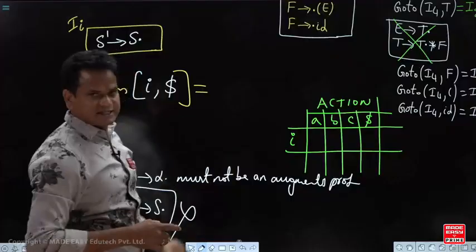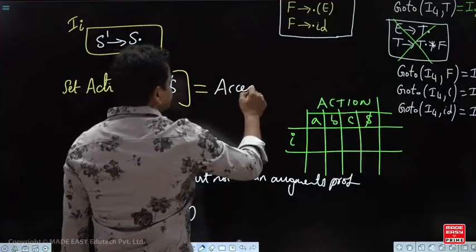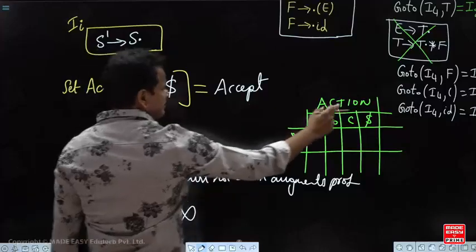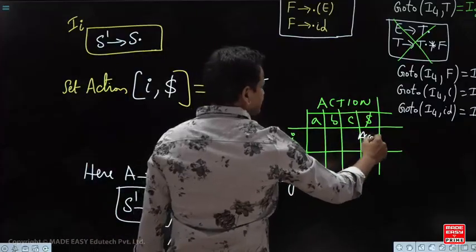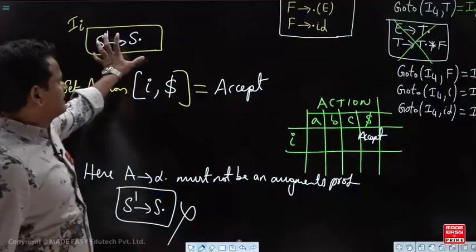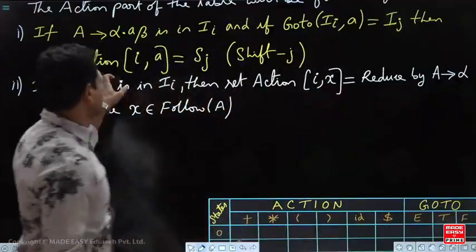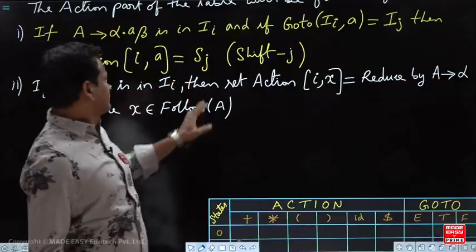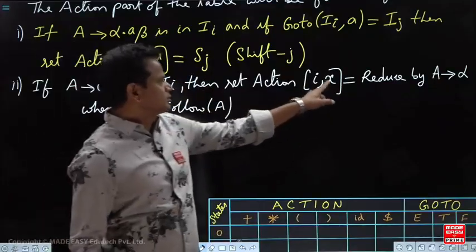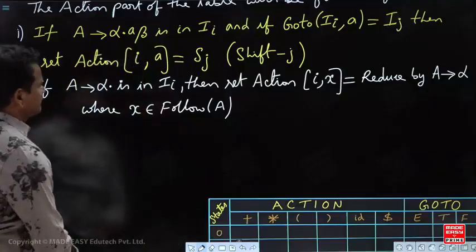This column is fixed. Ith row, dollar column, we write the accept. That means I comma dollar, accept. Very simple. So other than augmented, we follow this procedure. Ith row, xth column, we write the reduce by A goes to alpha, where x is follow of A.